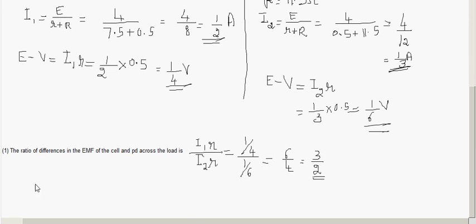The second question asks us to find the ratio of currents in the two cases, I1 by I2.